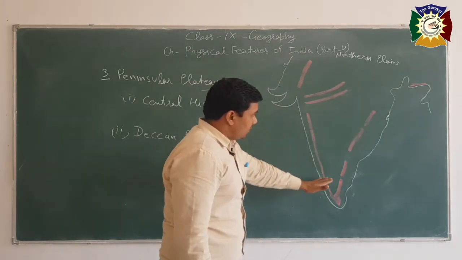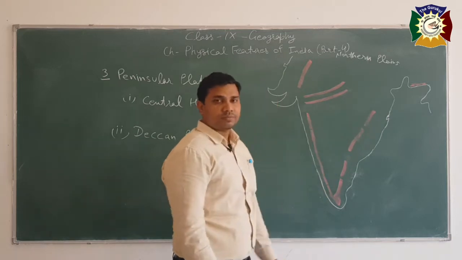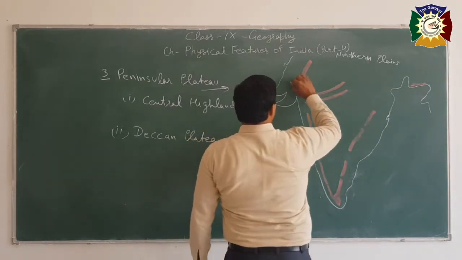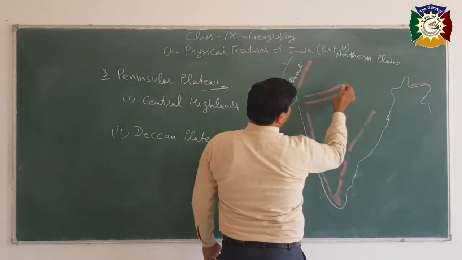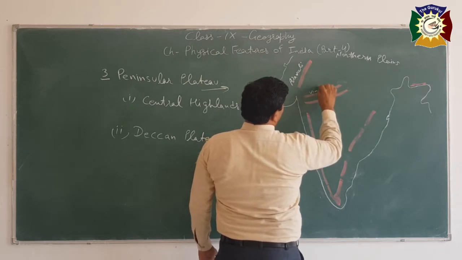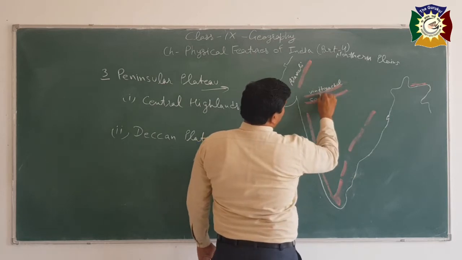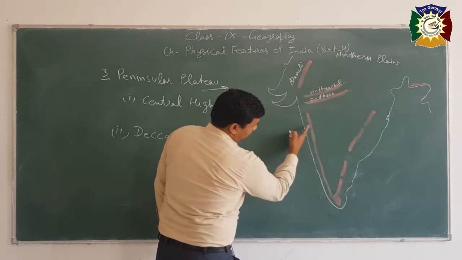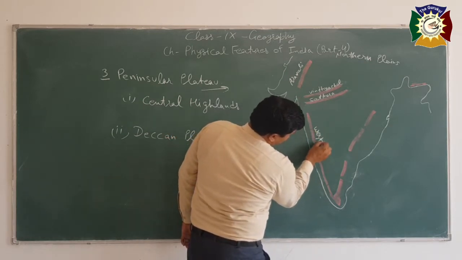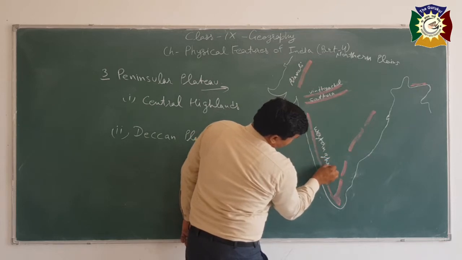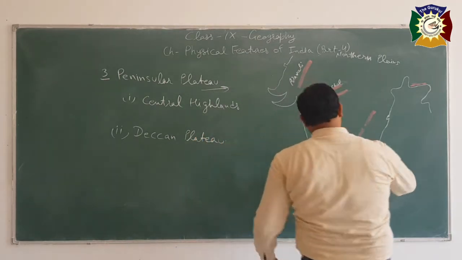As you can see here, these are the mountain ranges. This is Aravalli, this is Vindhyachal, this is Satpura. This continuous mountain range is known as Western Ghats, located on the west side, and these are the Eastern Ghats.